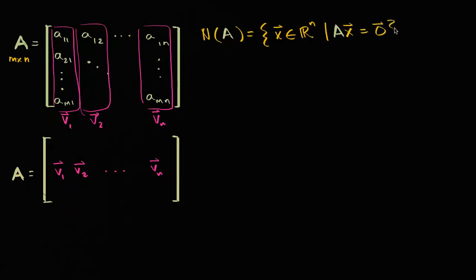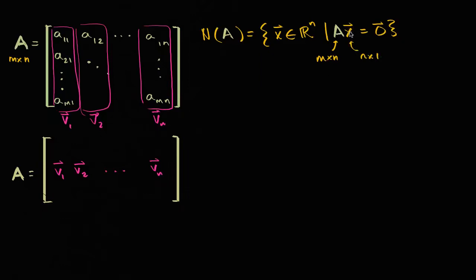So why does x have to be a member of Rn? Well, just for the matrix multiplication to work, if this is m by n, then in order to make the matrix vector multiplication work, this has to be an n by 1 vector.